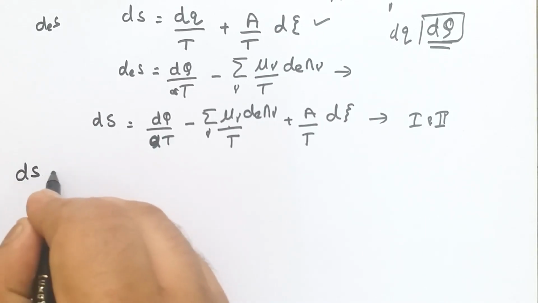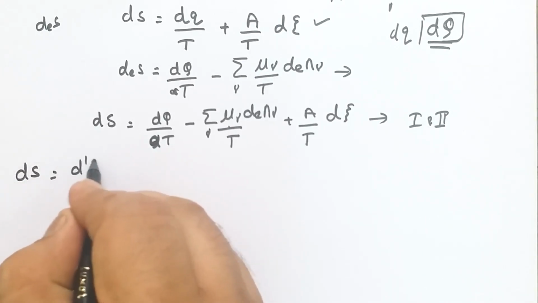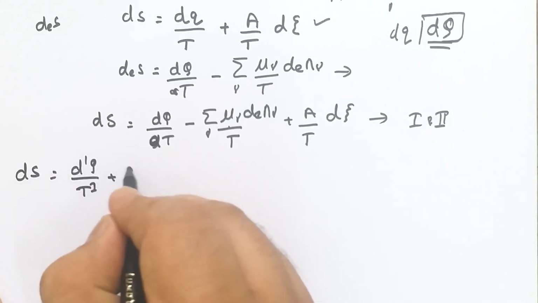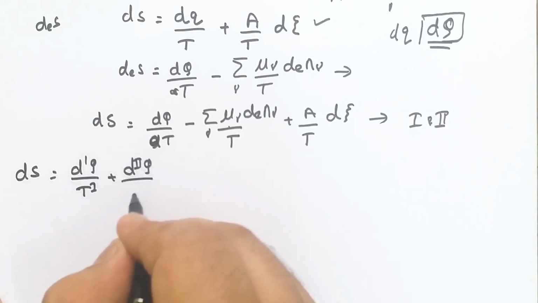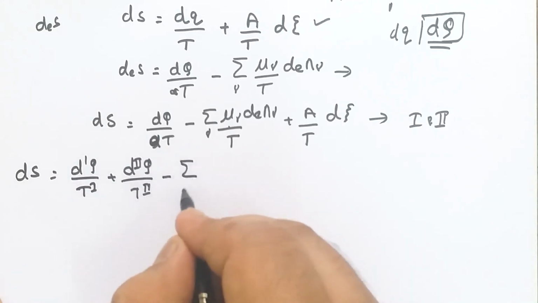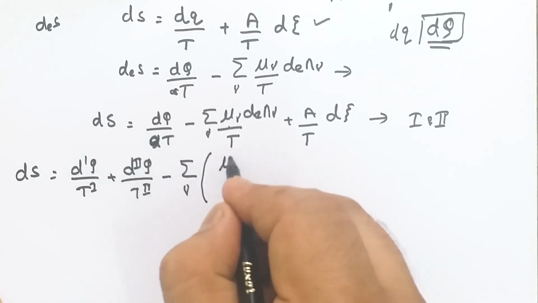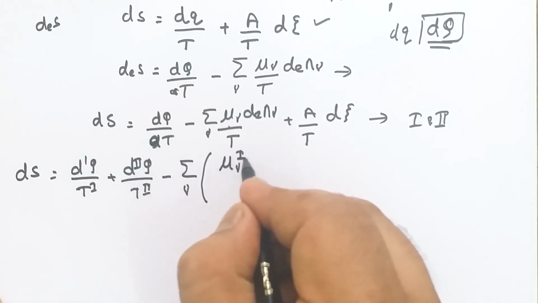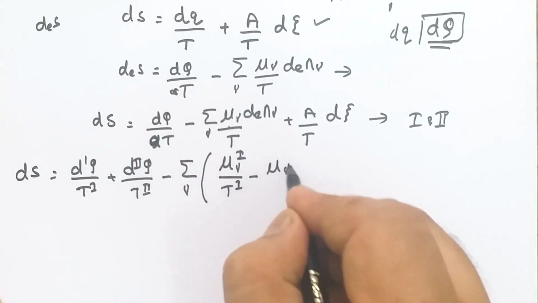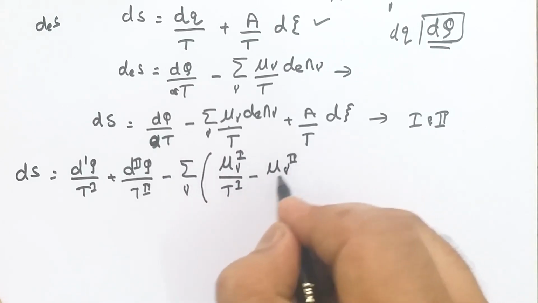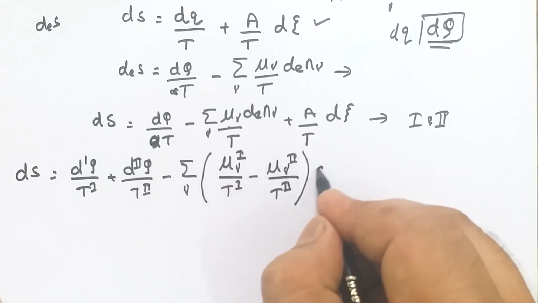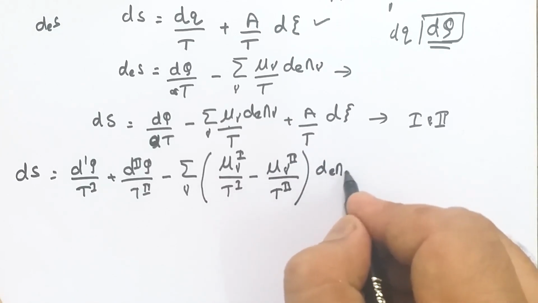Hence our expression for the entropy, that is dS, it will be d1 phi upon T1, 1 is for phase 1, plus d2 phi upon T2, 2 is for phase 2, minus summation of gamma, we can take mu gamma 1 upon T1 for phase 1, minus mu gamma 2 upon T2, this is for phase 2, and this is dEn gamma 1.